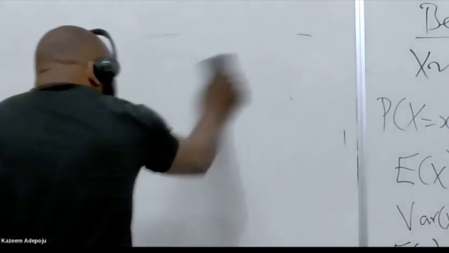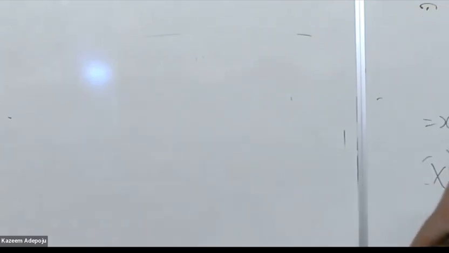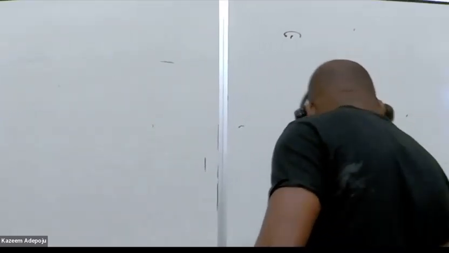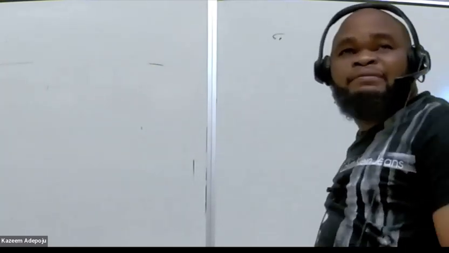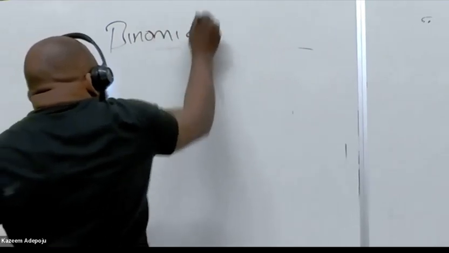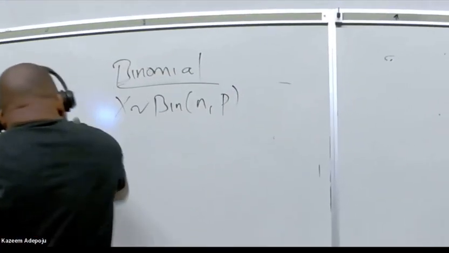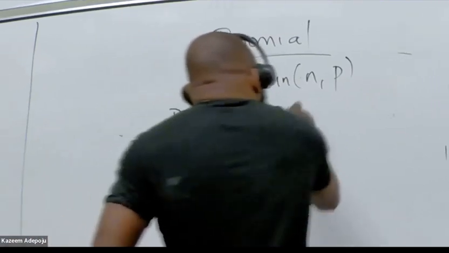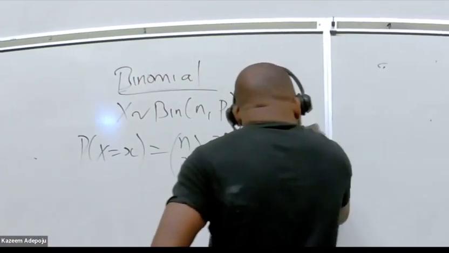Binomial is an extension of Bernoulli. We're still talking about two possible outcomes, except that the number of trials is more than 1. When x follows binomial distribution with parameters n and p, the probability of x equal to that will be n combination x, p raised to power x, 1 minus p raised to power n minus x.